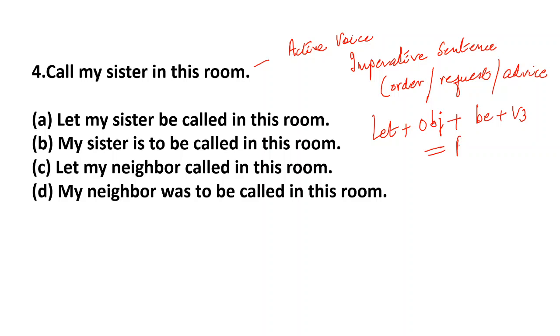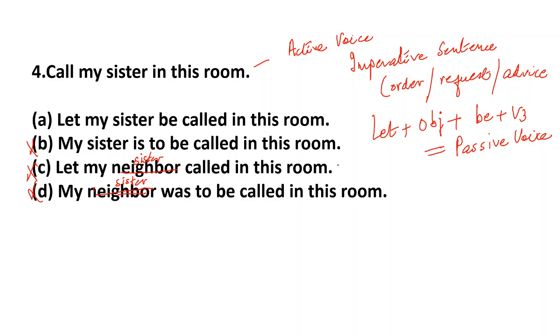That becomes passive voice. So here in these options you see, let my sister be called in this room. My sister is to be called in this room. Let my neighbor called in this room. Let my sister called in this room. This is wrong.